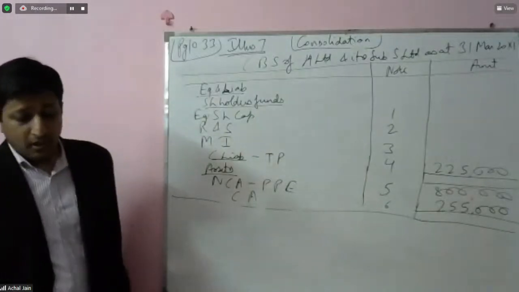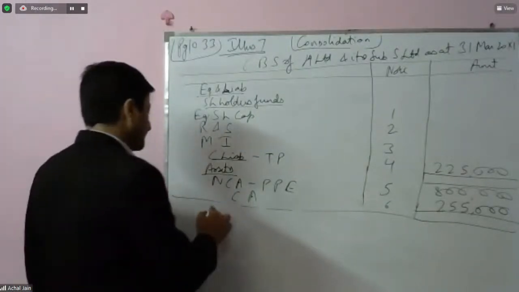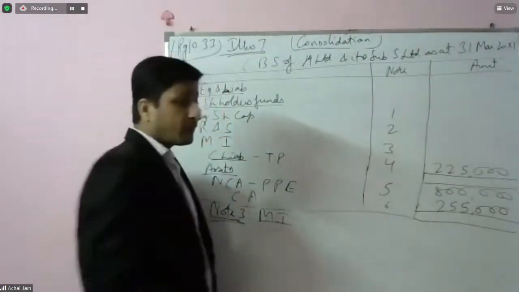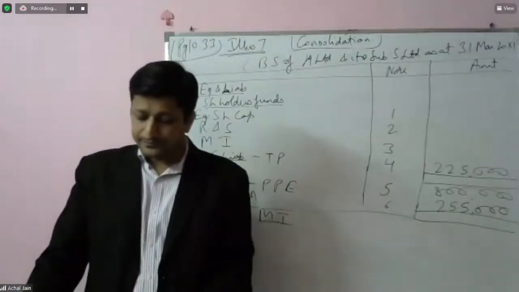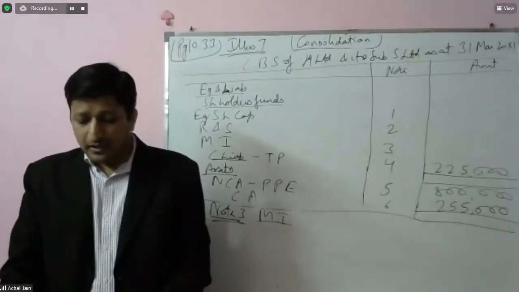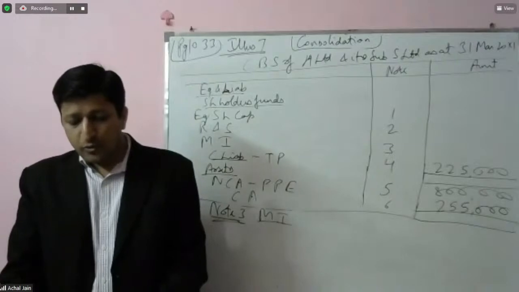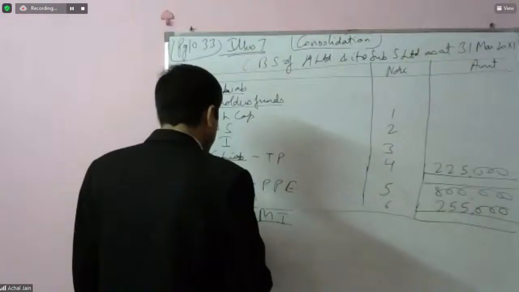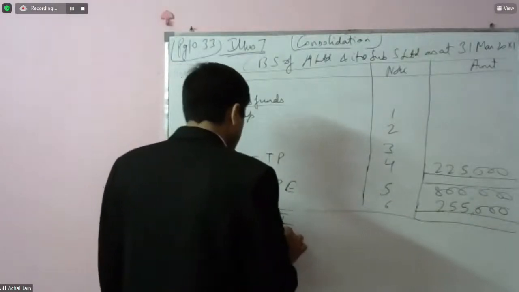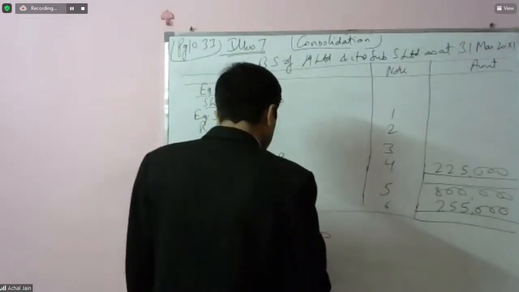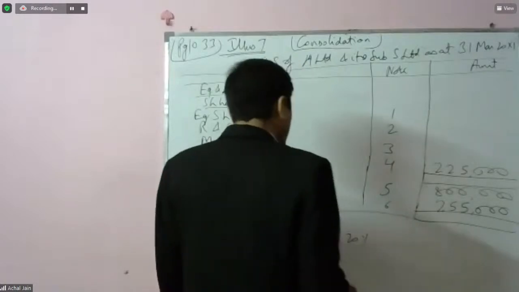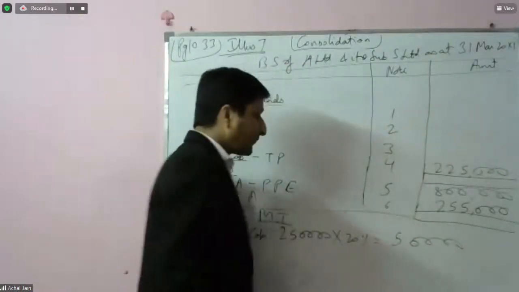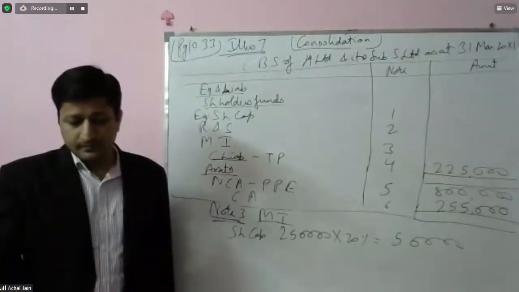Let me just compute this note number 3 first. Minority interest. Now for minority interest, what do we need? Share capital of S on a proportionate basis. So 2,50,000 into 20%, which is 50,000.